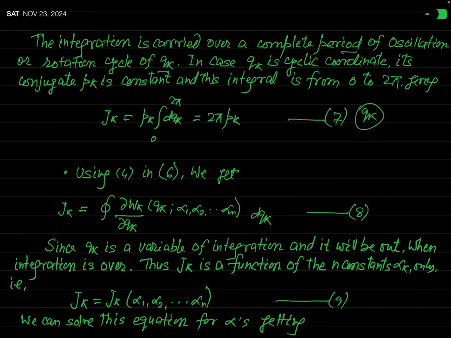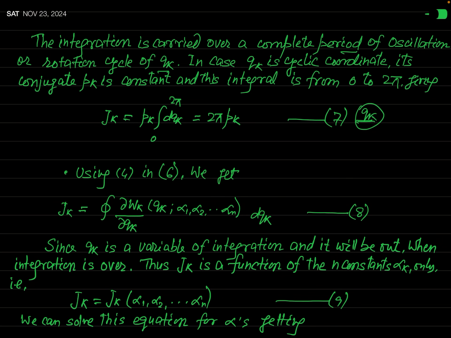You can watch that video and you will find there that if qk are the cyclic coordinates, then the conjugate momenta are constant. So pk will be constant, and therefore this pk can be taken out from the integral sign.